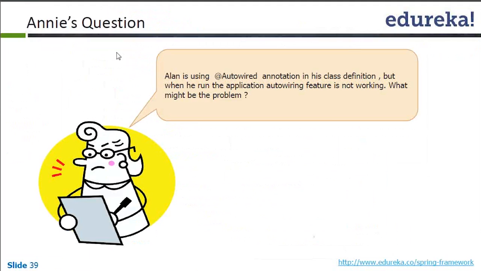I actually answered this question earlier, now you should answer. What is missing? Why is the @Autowired annotation not working? The autowiring feature itself is not working. What could be the problem?